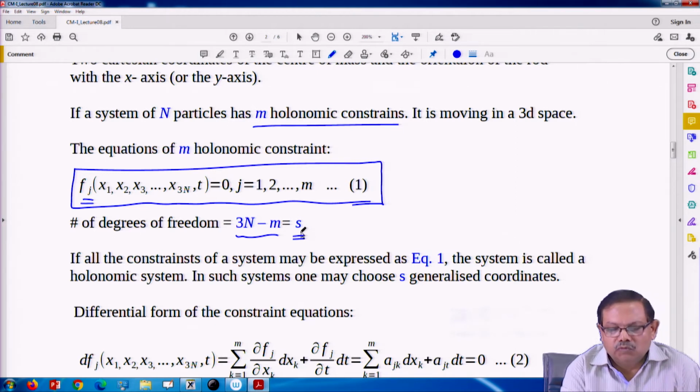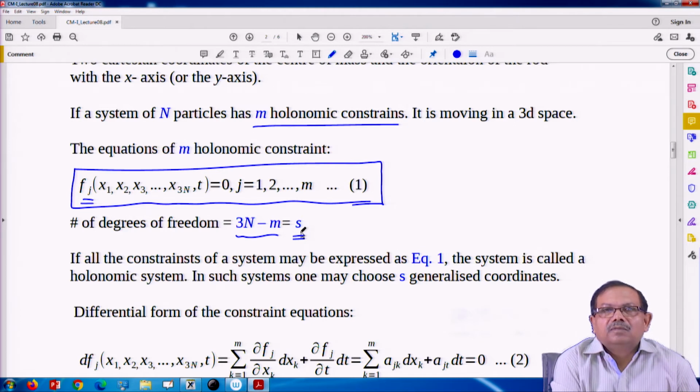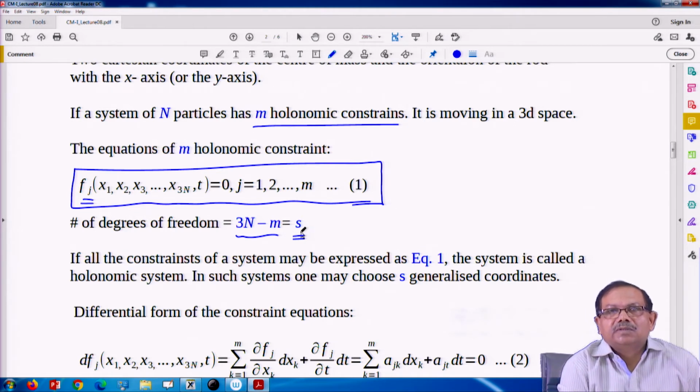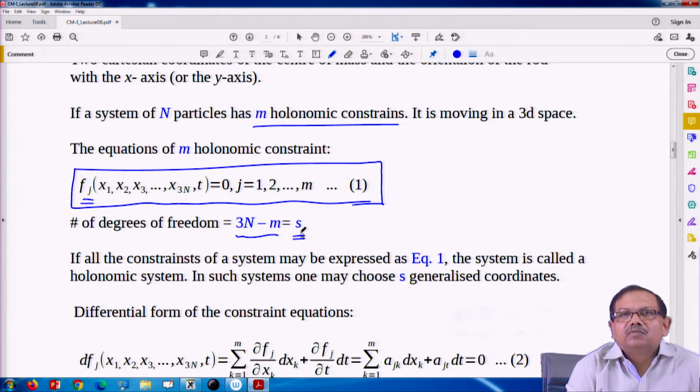So, if you can choose generalized coordinates, then we need not bother about the constraint equations, unless we are asked to find the value of the constraint-causing force. For example, in the pendulum problem, it is the string and the tension of the string that is required.